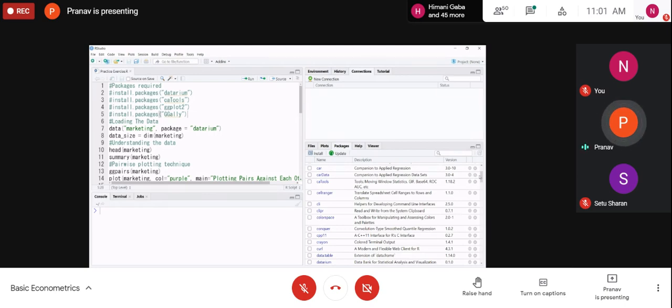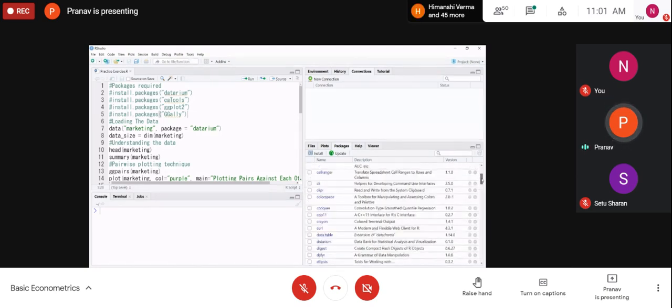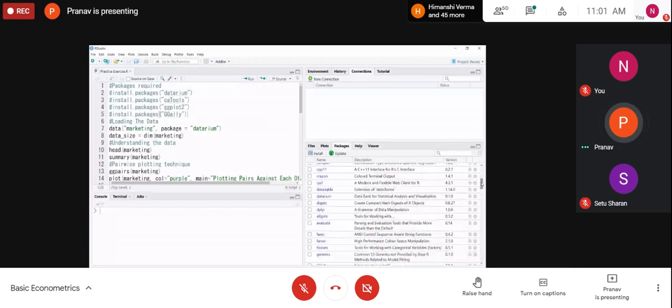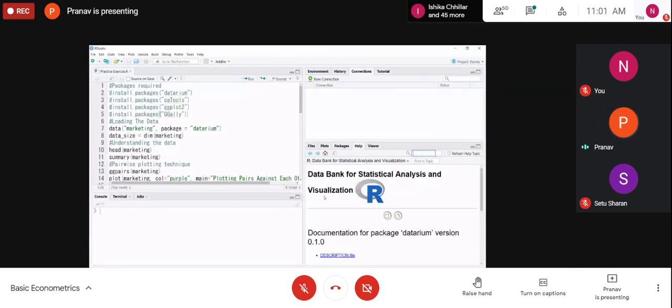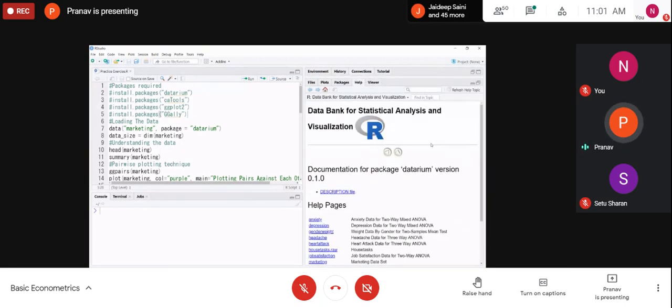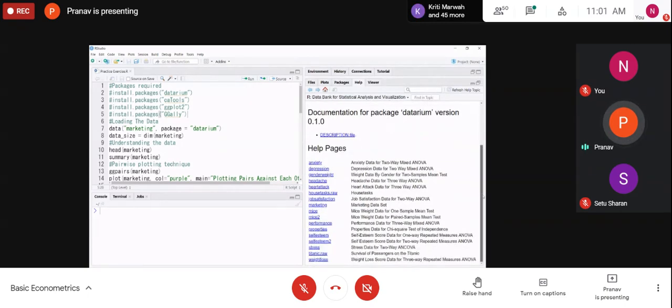But have these data packages handy on your RStudio app. Okay, so just first look at this data set. It tells you that this is basically a data bank for statistical analysis and visualization, and these are precisely the data sets that this data bank contains.